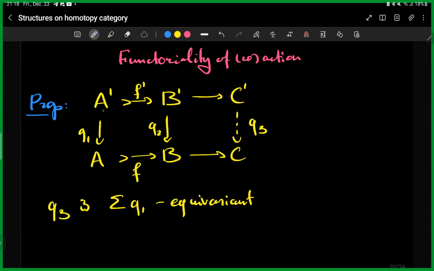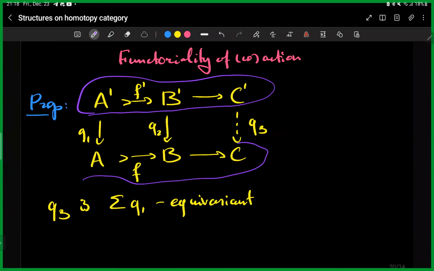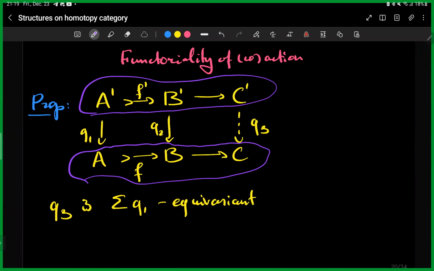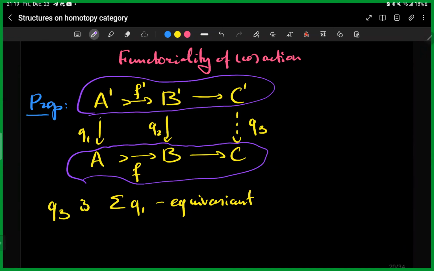If we have a cofibration with cofiber C prime and another cofibration with cofiber C, and we have morphisms Q1 and Q2 which make this square commute, then we have an induced map Q3 from C prime to C, which, as it turns out, is sigma Q1 equivariant.